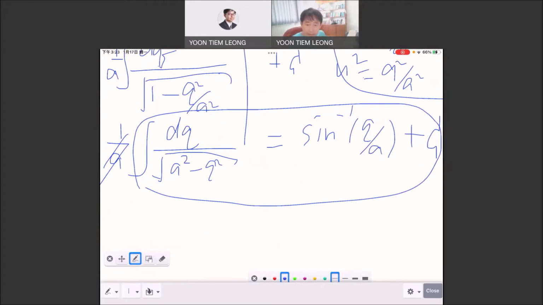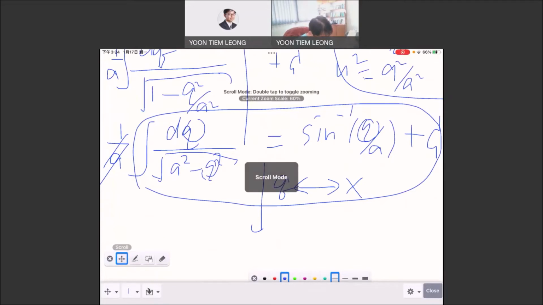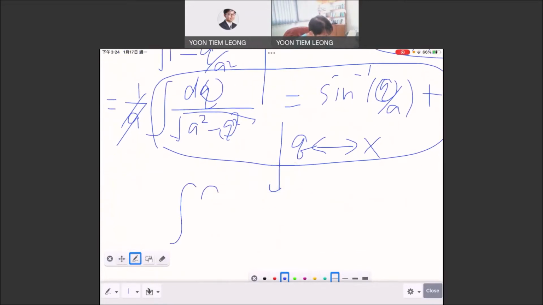If I don't like this, I can always put u back in place of q. I just rename q and change it to the same variable. Every q that I see on the left hand side and the right hand side, I just replace, because it is the same thing.